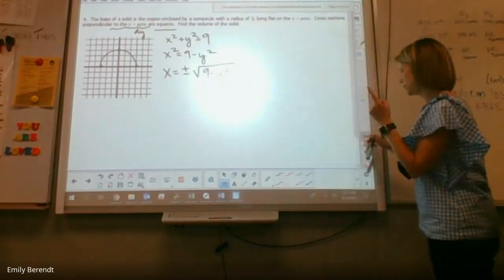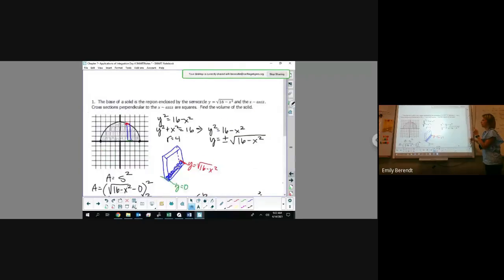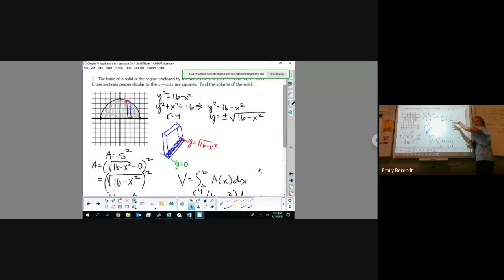On the first example, let me flip back here. On the first example, this plus-minus situation, the positive square root is saying you want your y's to be positive, so all of the y's are above the x-axis. And this portion is saying the negatives, which is below the x-axis, right?